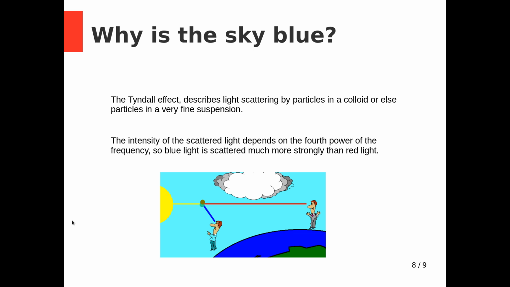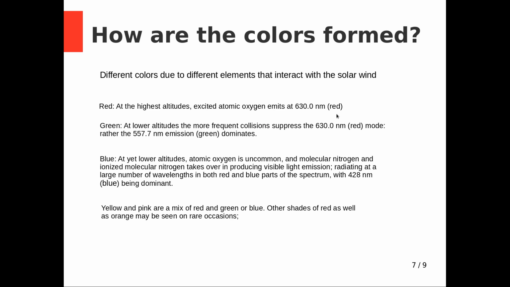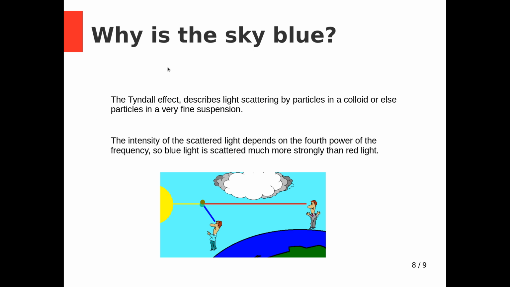Okay, so when the blue wavelength, that is actually smaller than the red one, we raise it to the fourth power, we see that it will be much more scattered. So the blue is more scattered, the red is less scattered, so we see more blue.